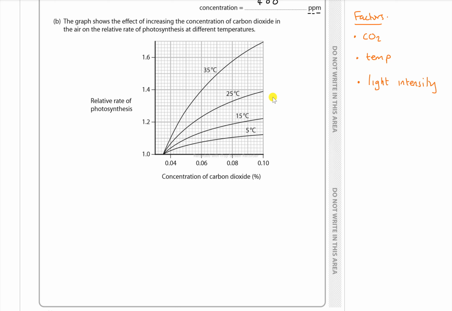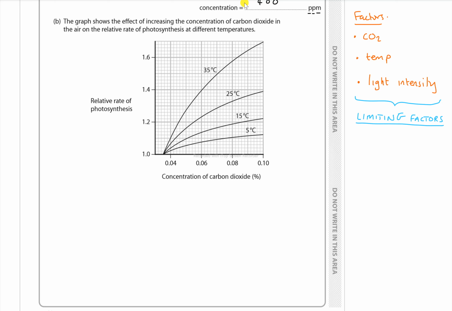These are what you will come across as limiting factors. These are what you call limiting factors. Right, okay, that's that done. Let's crack on with this.